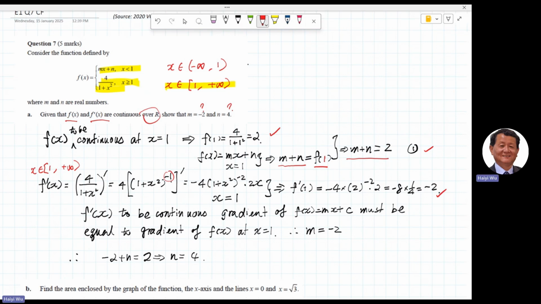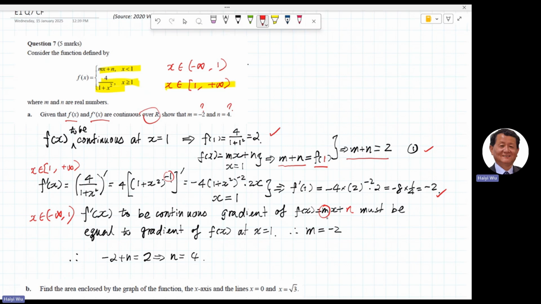Now, if I use the derivative of the function for x less than 1, which is from negative infinity to positive 1, the two gradients must be equal. The gradient of the first function, which is linear, is m. This must be equal to the gradient of the function at x equal to 1.